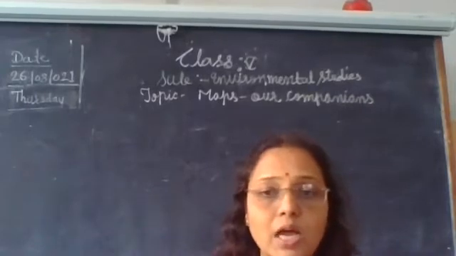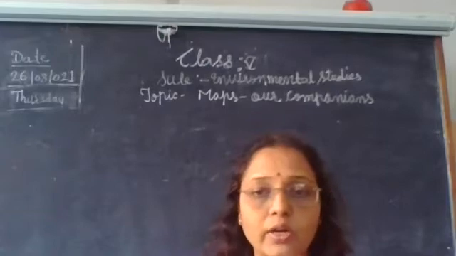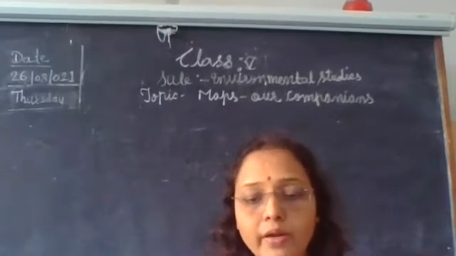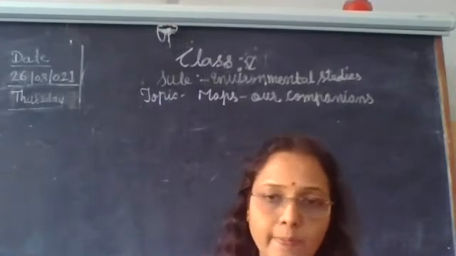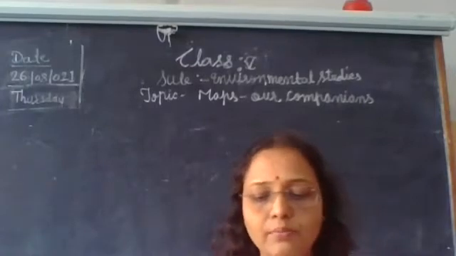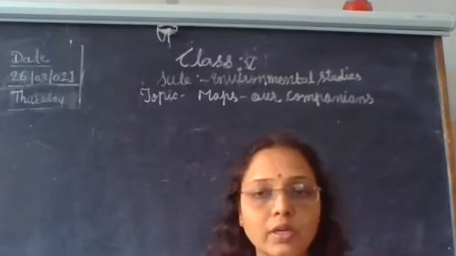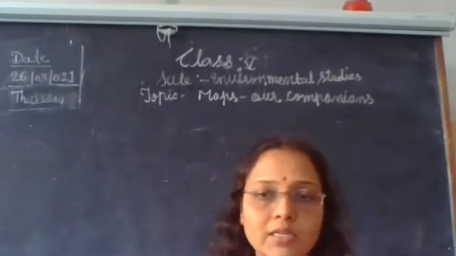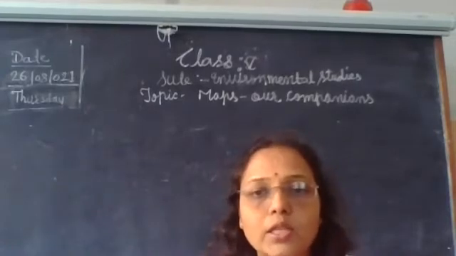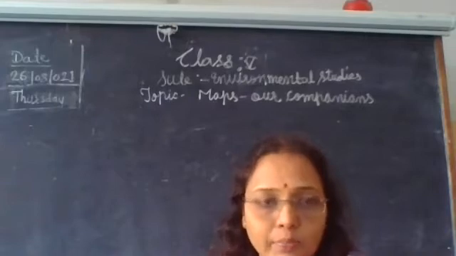Many components are shown on the maps. If these components are shown on different maps in different ways, it will be difficult to understand them. Therefore, standard signs and symbols are used to make a map easy to understand. The same sign is used everywhere on the map for the people to understand easily.